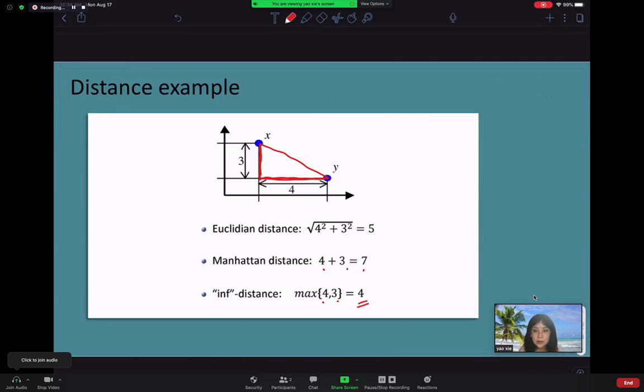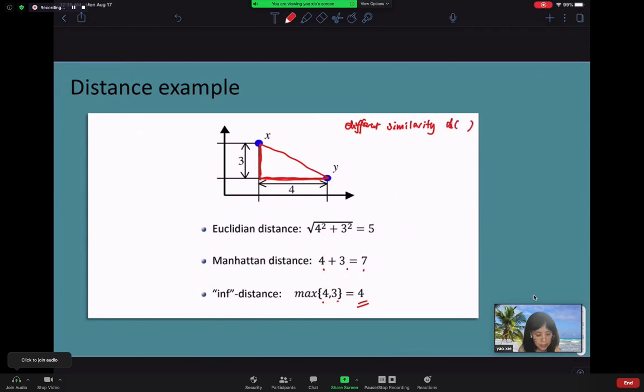So you can see, depending on the choice of the p of the metric, you will end up having different values of your difference. In other words, by choosing different similarity measures, it will induce different geometry.